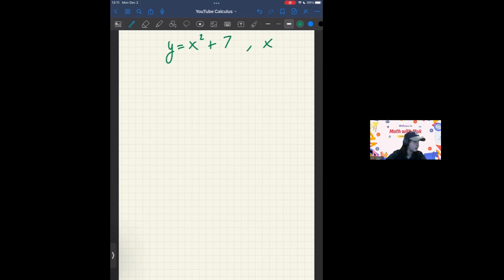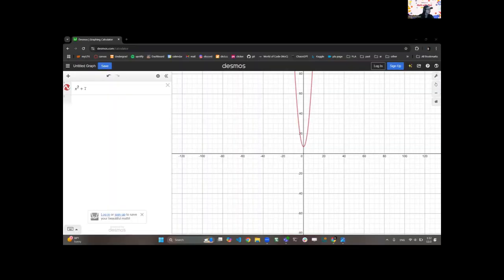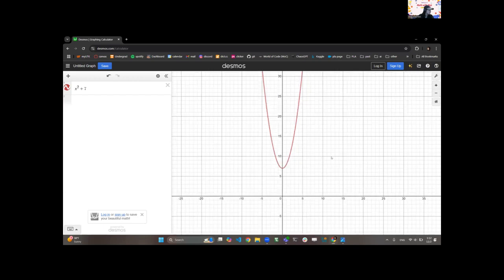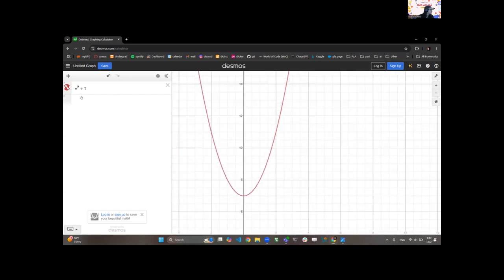So let's go see. Sharing my screen to find where it intercepts. Let's scoot it down.